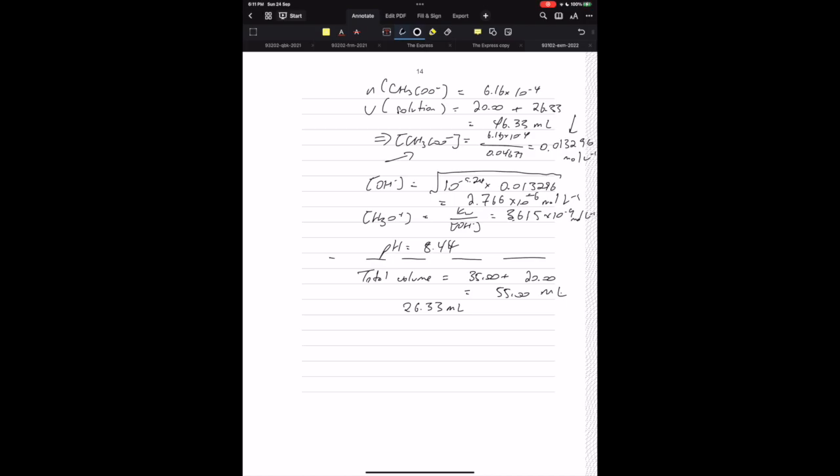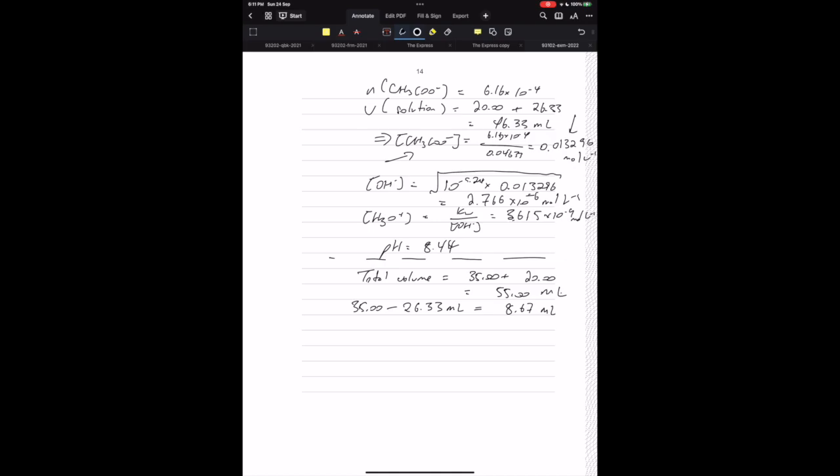But then we have the excess, 35.00. So basically, 35 minus 26.33, an extra 8.67 mils of hydroxide ions are present, which didn't react with the ethanoic acid solution, because the ethanoic acid solution by this point has already been fully neutralized.